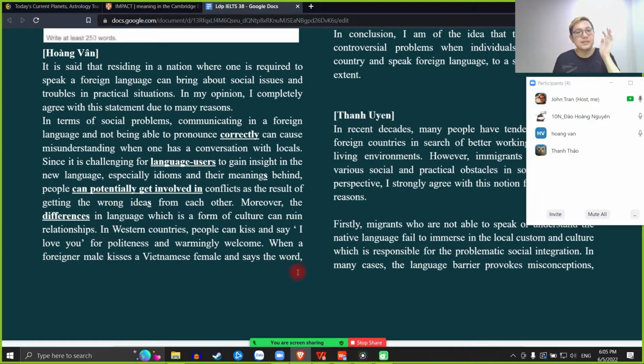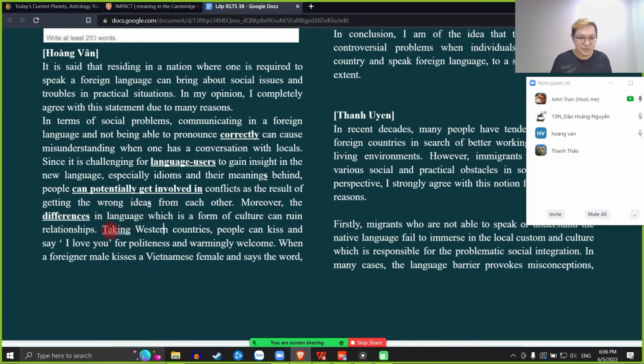Okay, so you are using an example now. To signify that you are giving an example, it's better to say taking Western countries as an example.